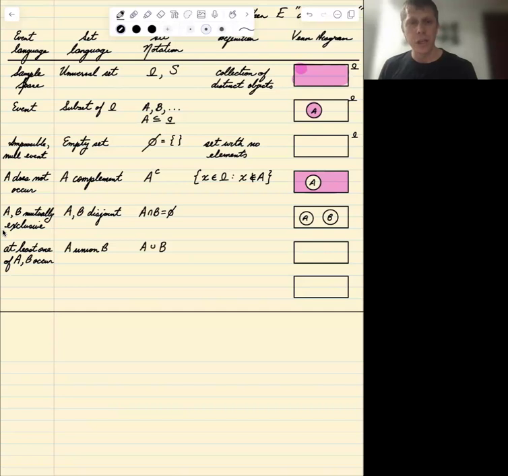It's called a union sign. What is this as a set? This is the set of elements x such that either x is in A, or x is in B, or possibly both.